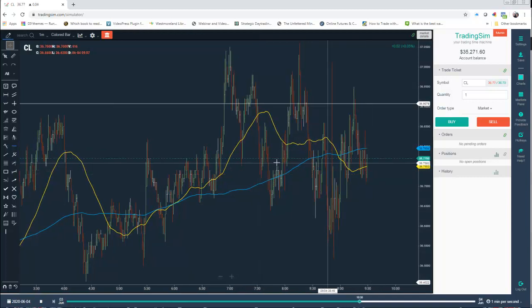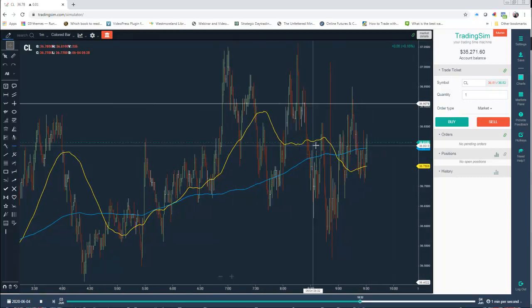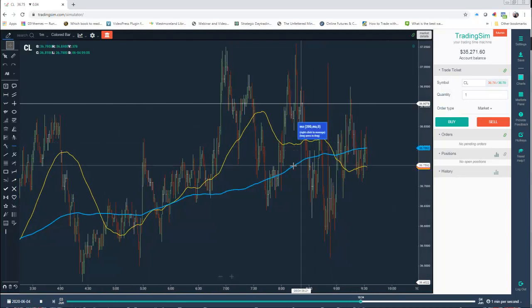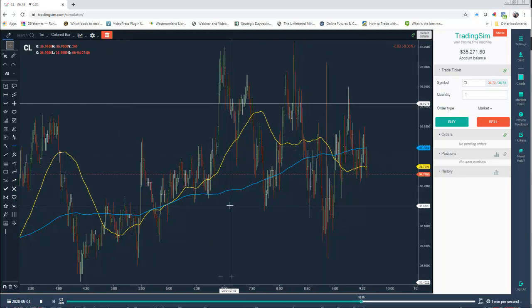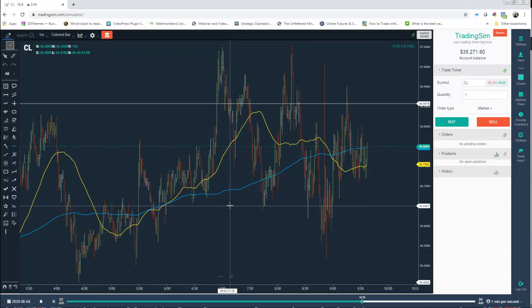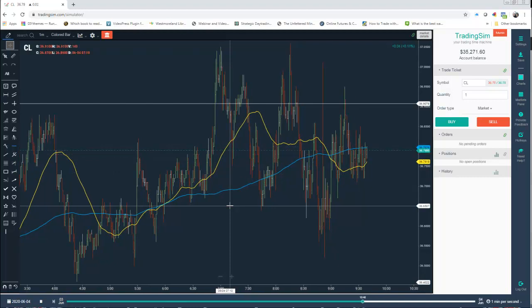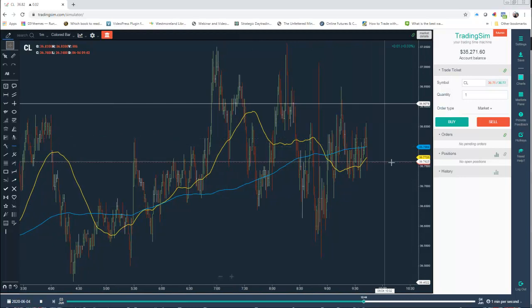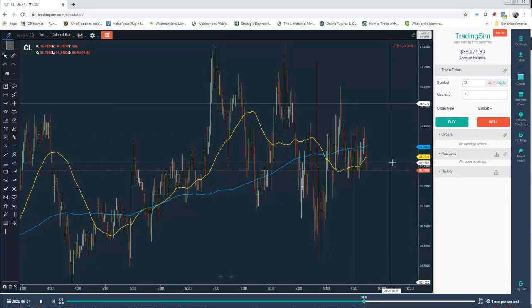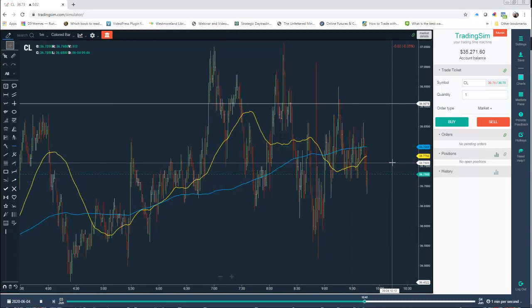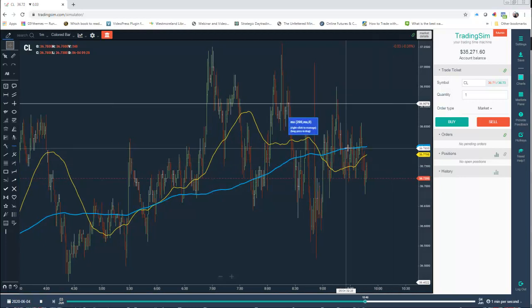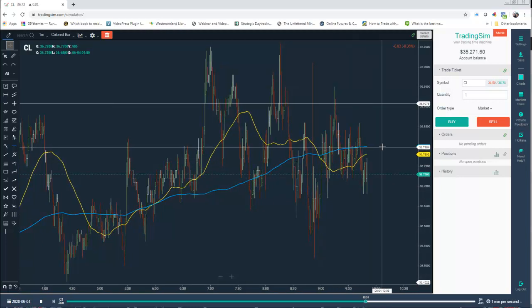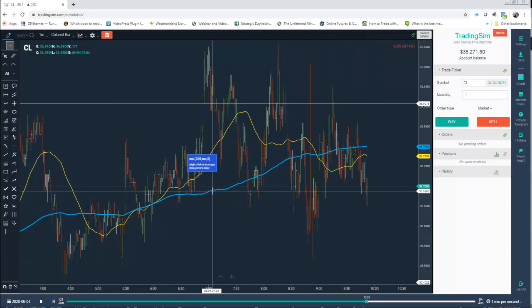There's no help here. And we're inside this big congestion area. I don't want to be involved in this. The 200 bar is pretty much flatlining here. Don't want to be involved in this.